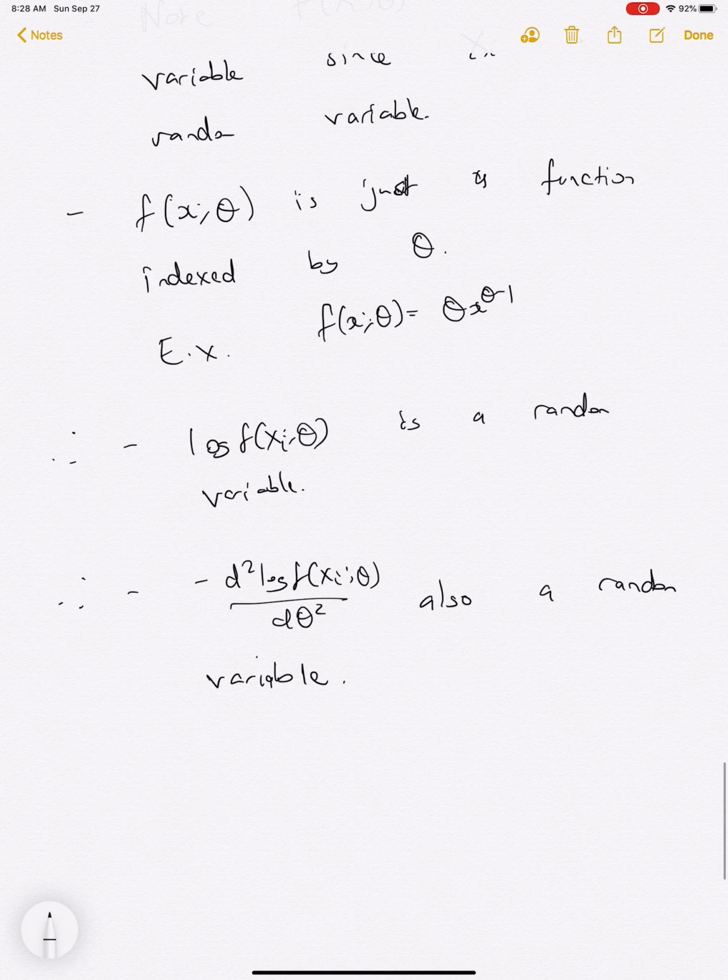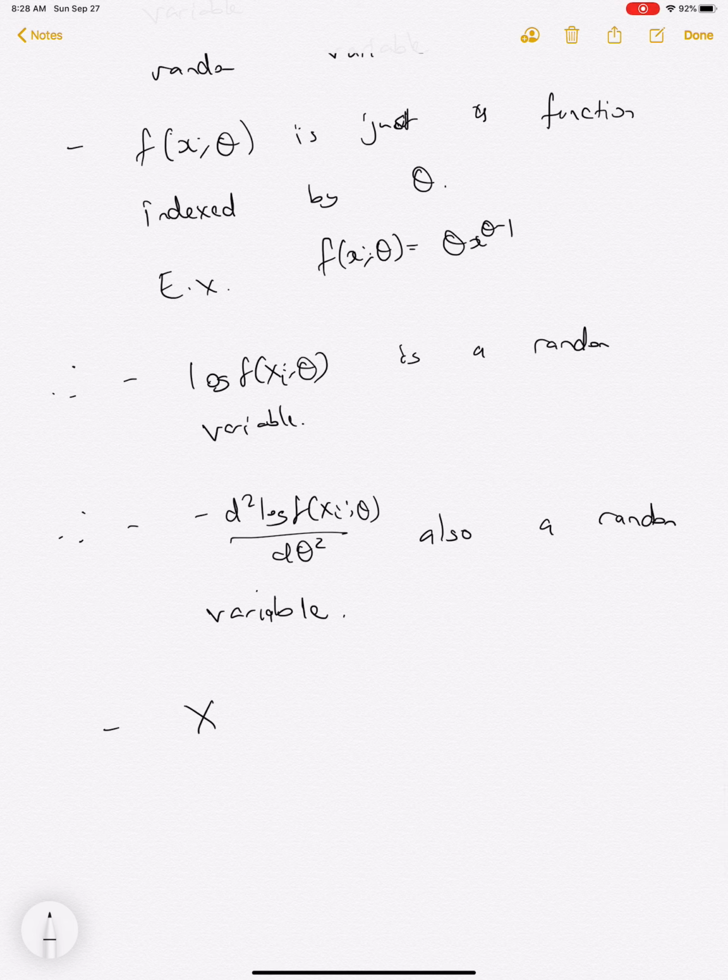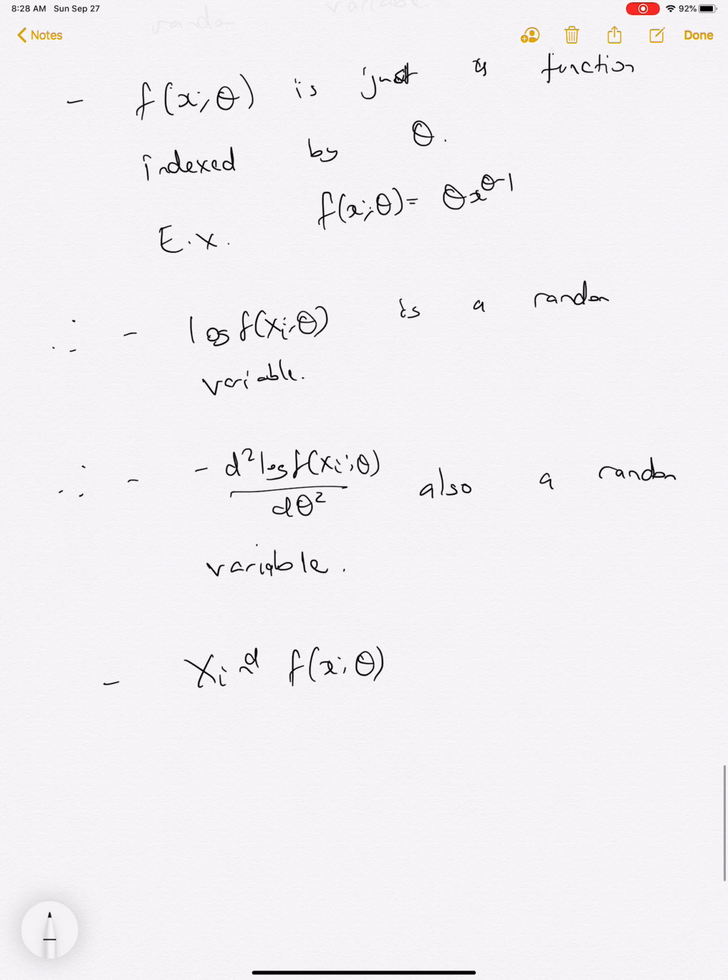The only thing that's a little bit tricky to get your head around is that x_i has this distribution f of x given theta, and we're taking the log of that function and then its derivative, and then taking an expectation.